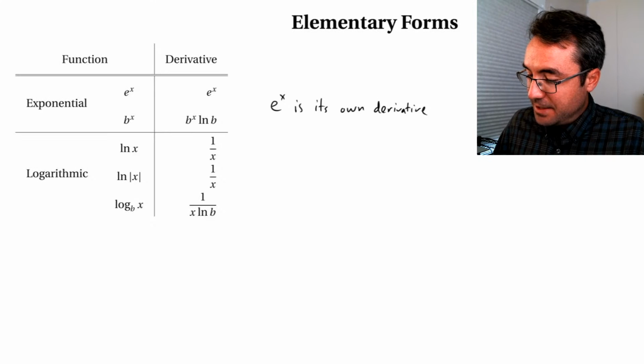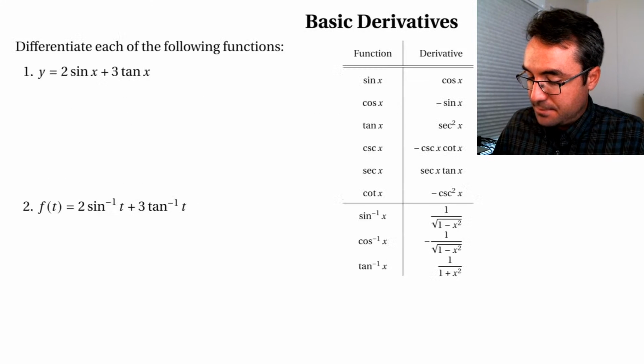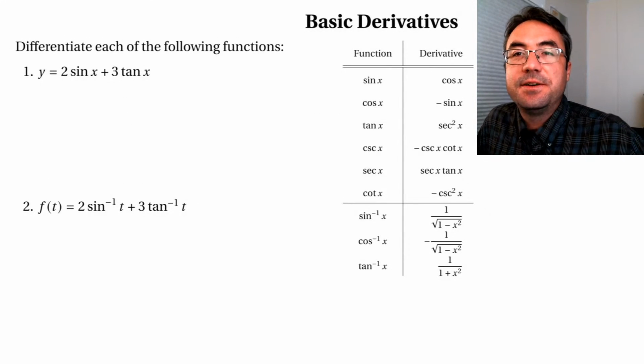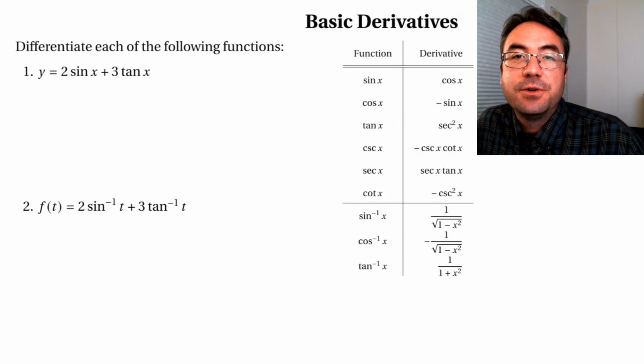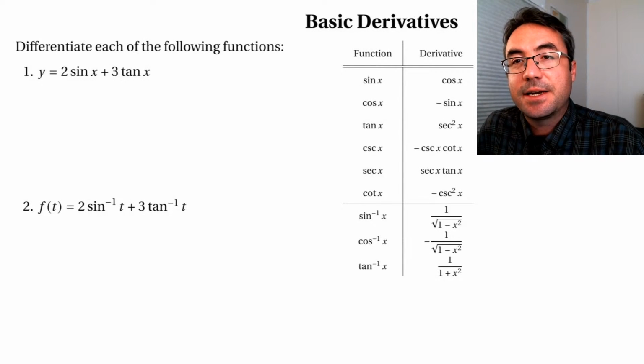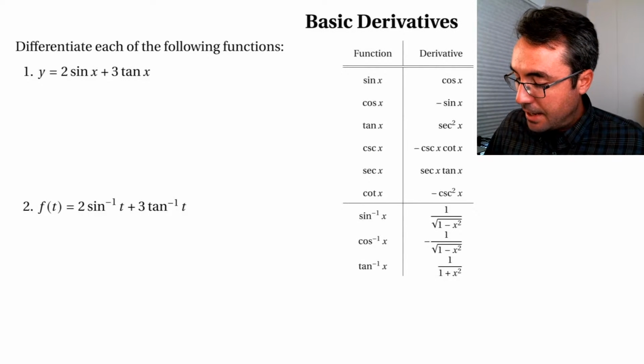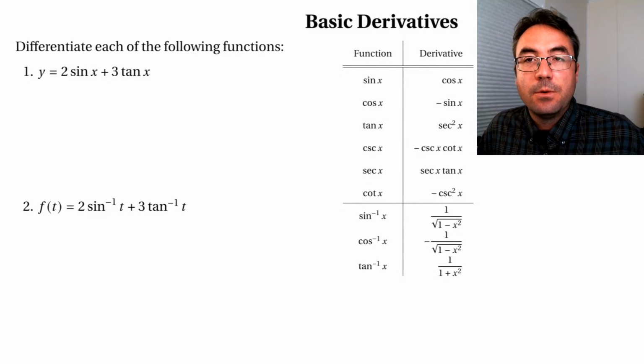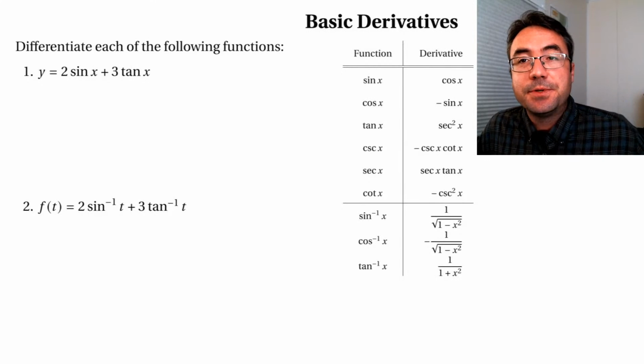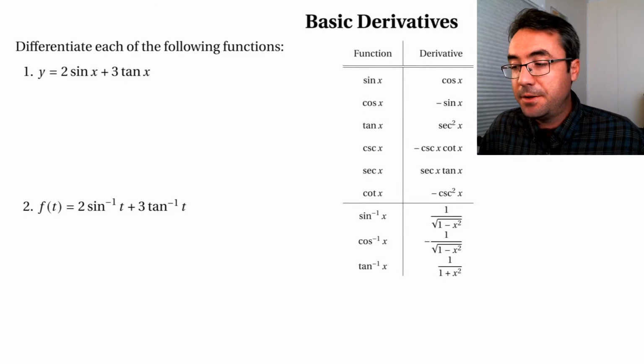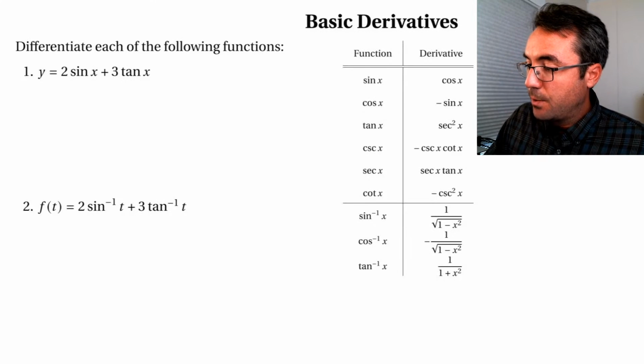All right, so let's see these in action. Let's differentiate the function y equals 2 times sine x plus 3 times tangent x. Well, we see we have some constant multiples, and we have a plus sign in the middle. So how do we work with this?